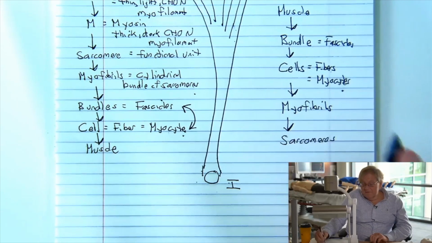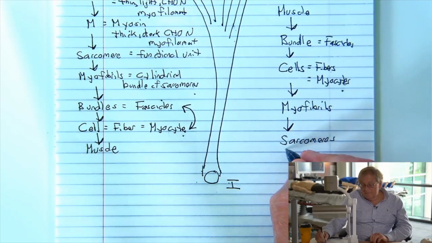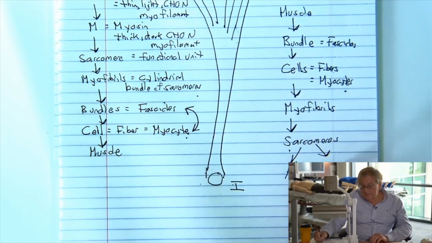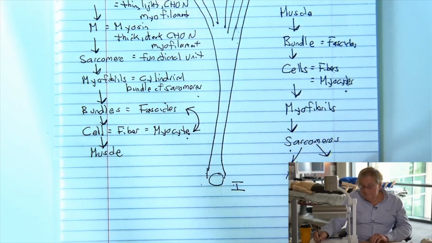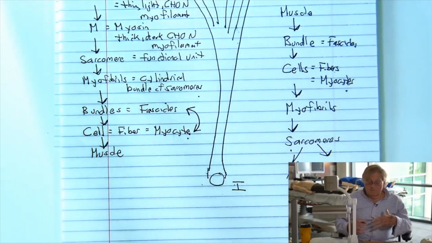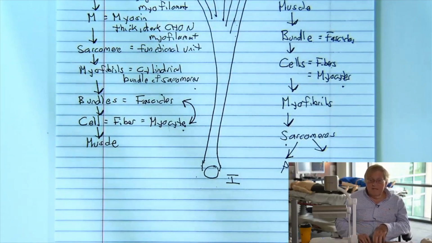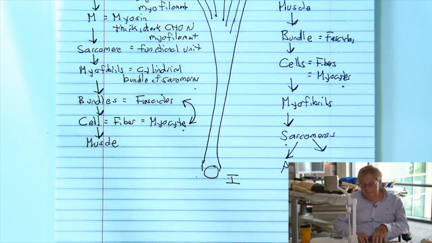And sarcomeres are then made out of those two protein myofilaments, which are going to be A, actin, and M, myosin. So again, we just want to get the big picture here and understand it's not really that simple, but we're going to try and simplify it.